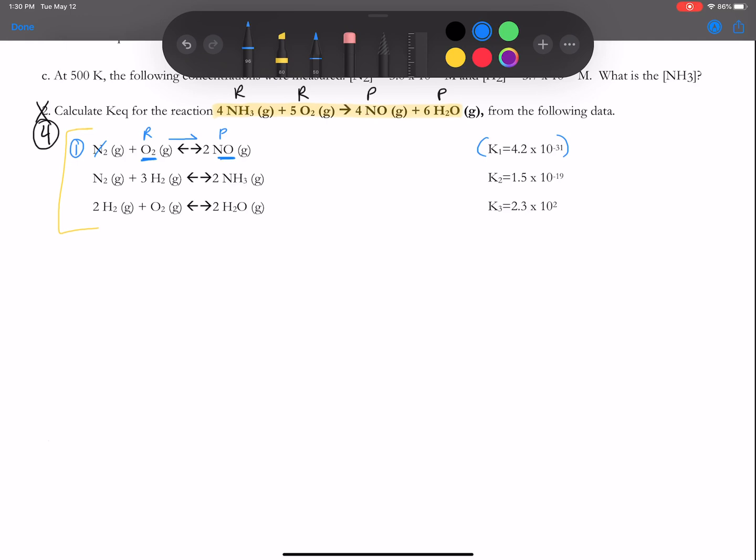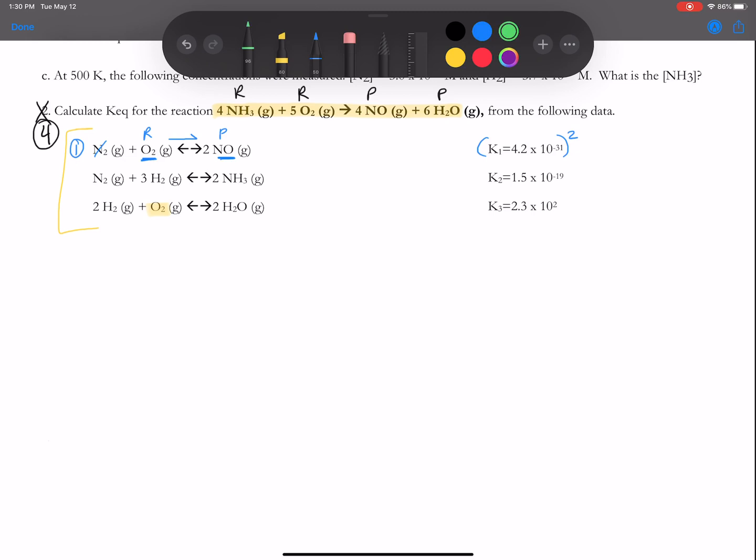If you look down at the last equation, there is an O2 present there as well. So I'm going to ignore this O2 in the reactant for now and just focus on my NO. To go from 2 to 4, I need to take that to the second power, and now my coefficients will be balanced. That's all I need to do for this first one.